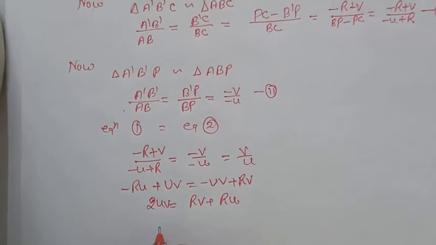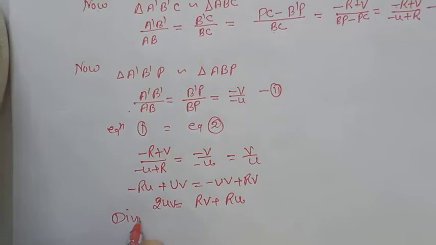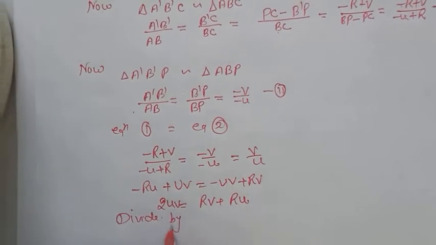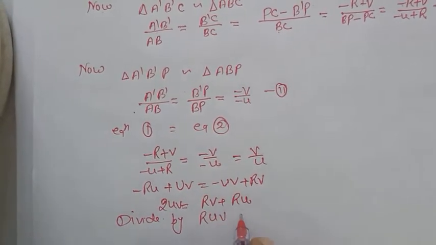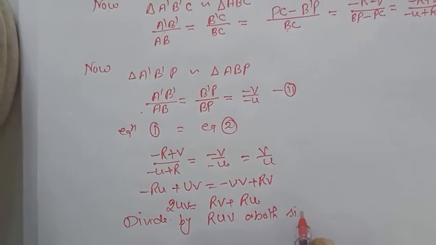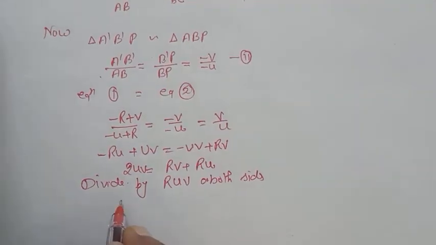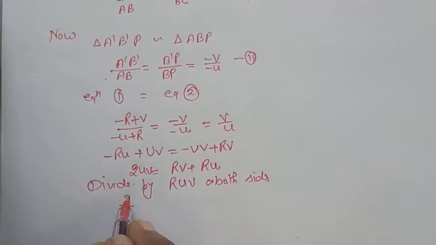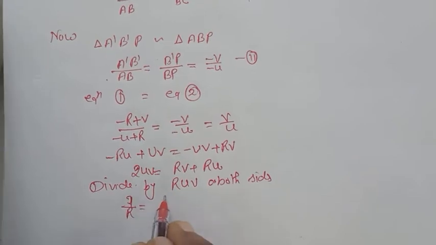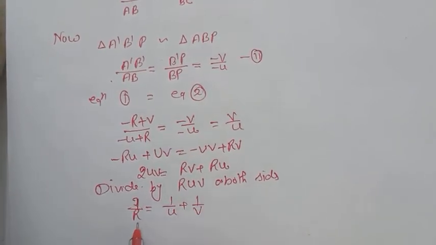Divide both sides by ruv. Then we find out 1 upon 2 divided by r equals to 1 upon u plus 1 upon v.